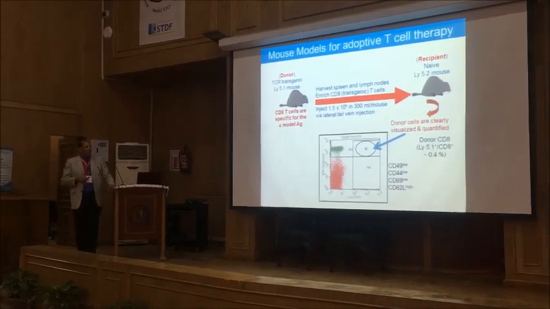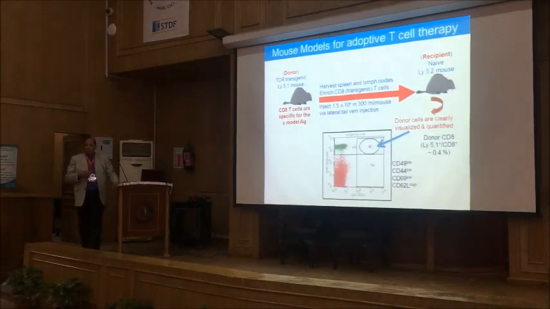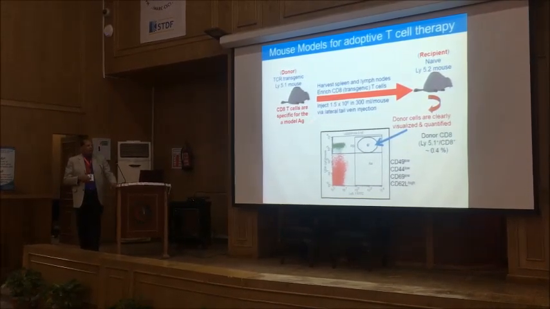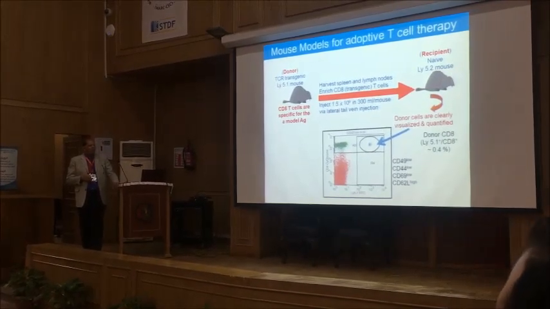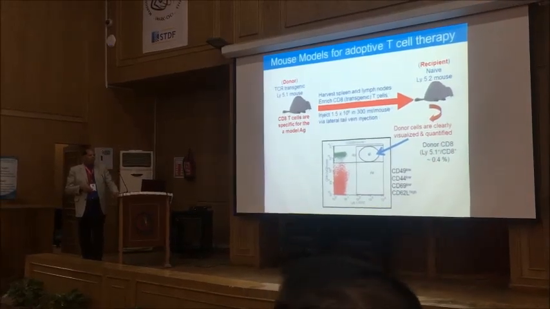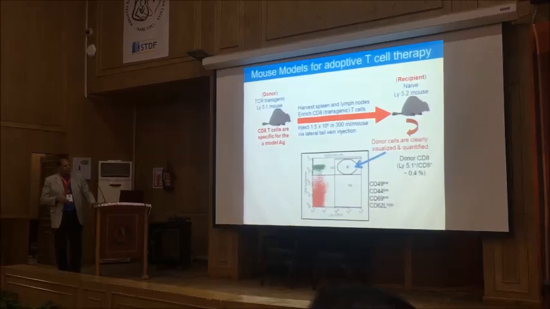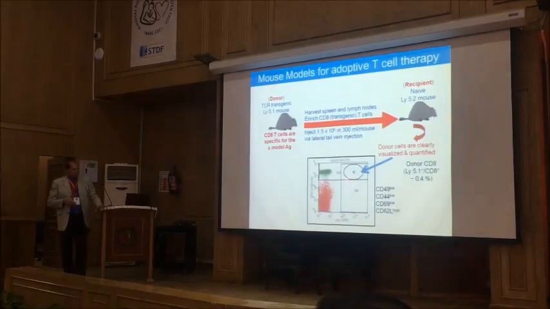So we transfer CD8 T cells, which can only recognize but cannot attack or kill the tumor cells, only recognize. We transfer a very small number, about 1 million or 1.5 million, into the recipient, and then track them in peripheral blood or spleen, and you can very nicely distinguish donor CD8 cells from host cells.